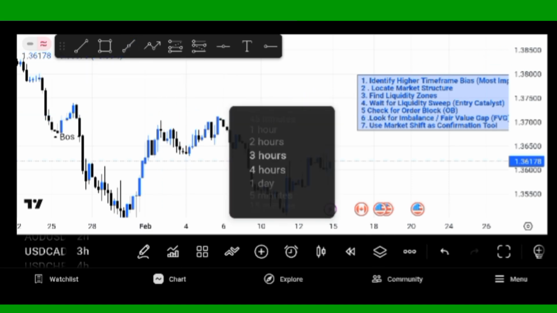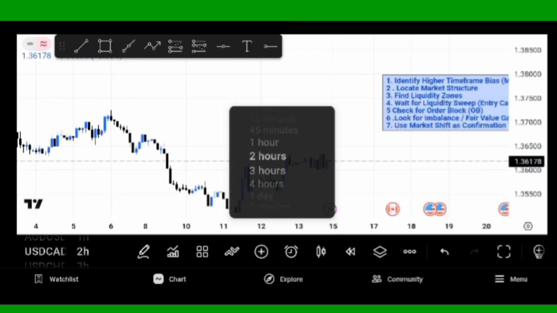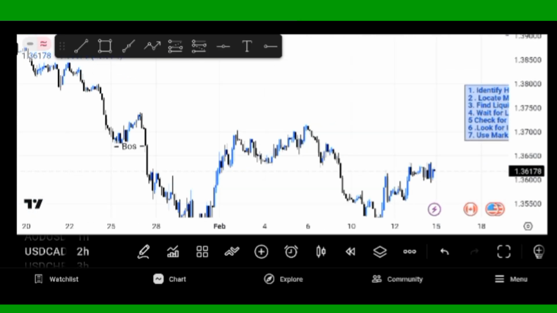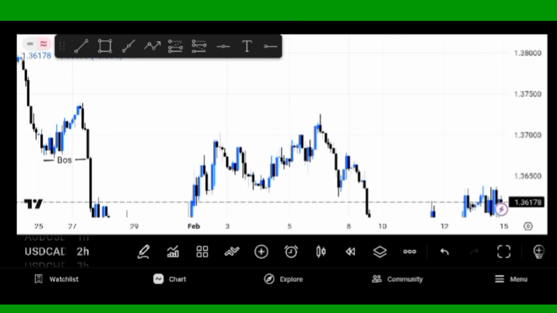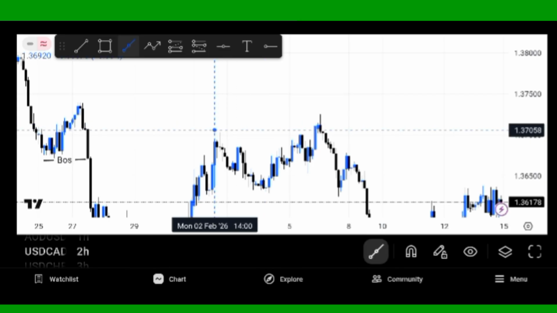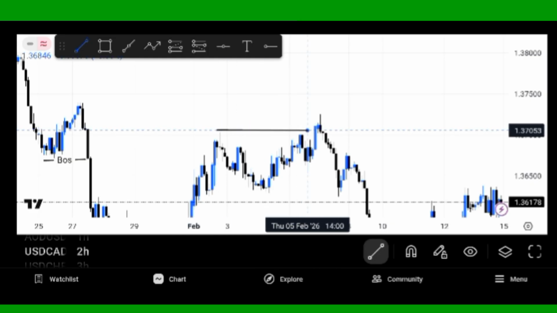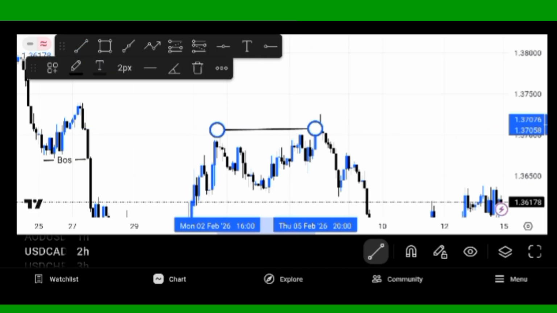Let us go to 2 hours so that you can see the liquidity sweep. This is a liquidity sweep.